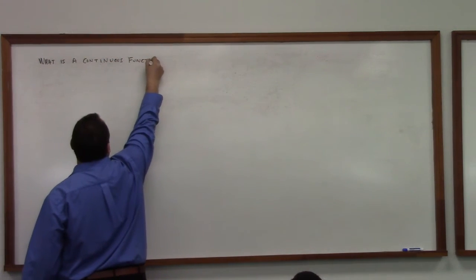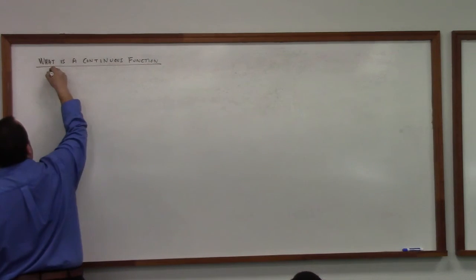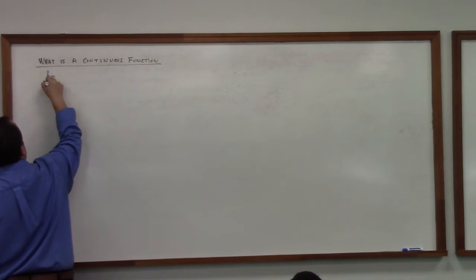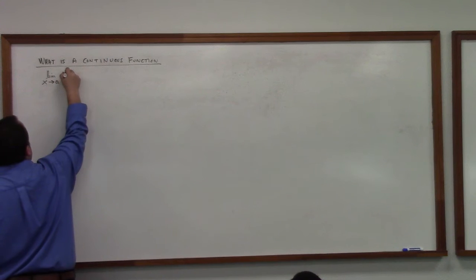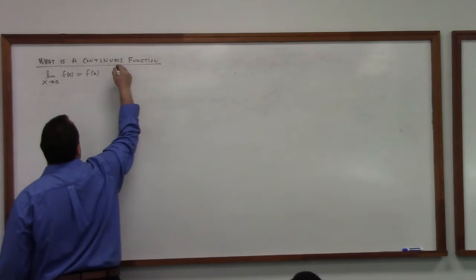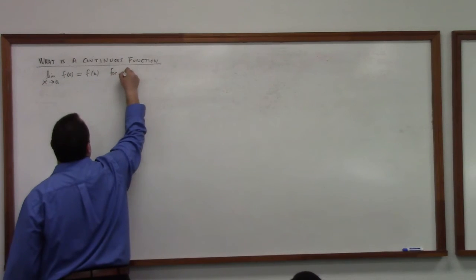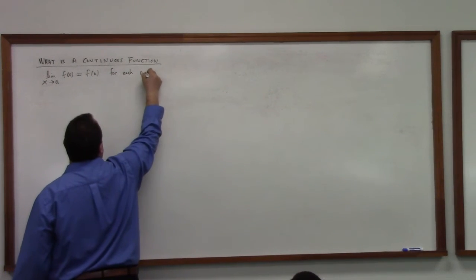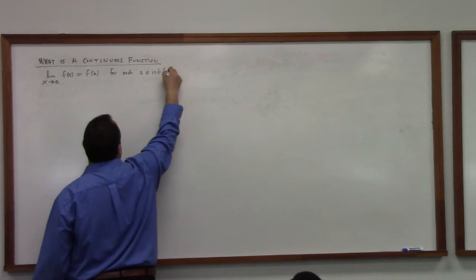I just told you, essentially, the limit as x goes to a of f of x is equal to f of a, for each a in the interior. Do you guys know what interior is?